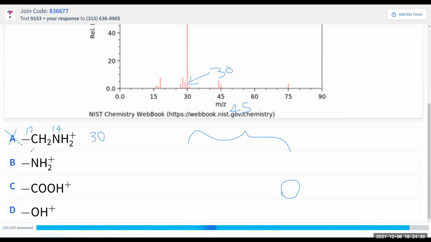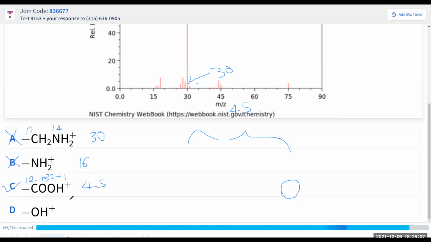Option B, nitrogen is 14, hydrogen is 2, therefore 16 altogether. 16 is not 45, so B is out. Option C, carbon is 12, and oxygen is 16, you have 2 of them, therefore 32. And 32 plus 1 from hydrogen is 45. This should be the correct answer.